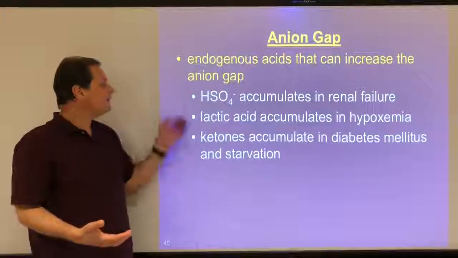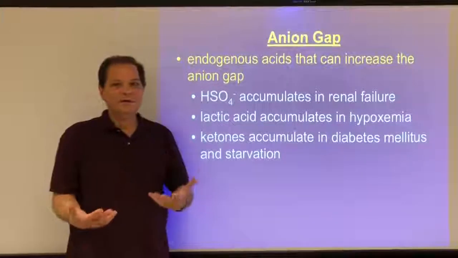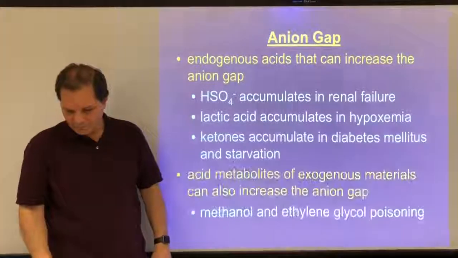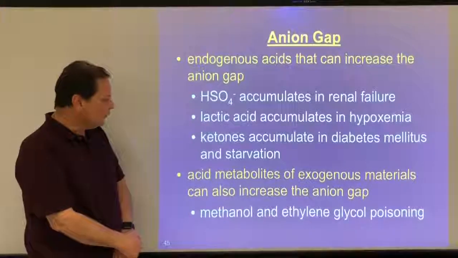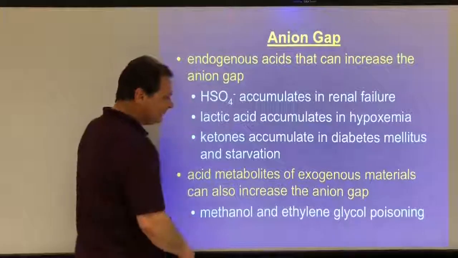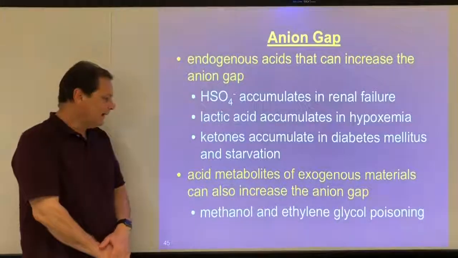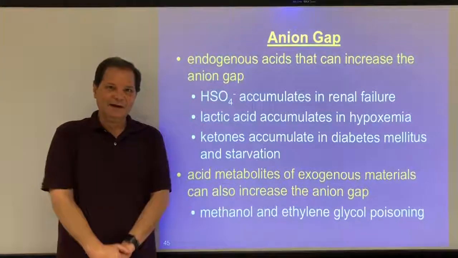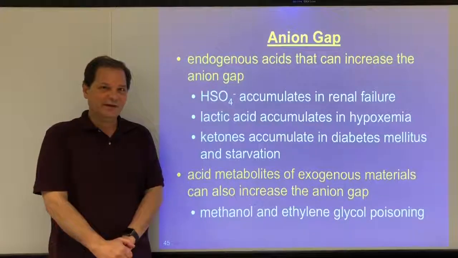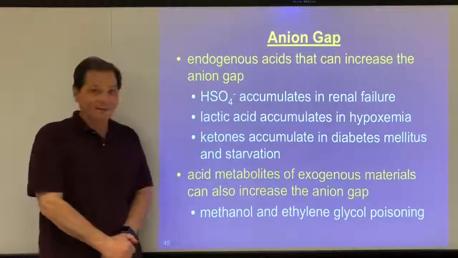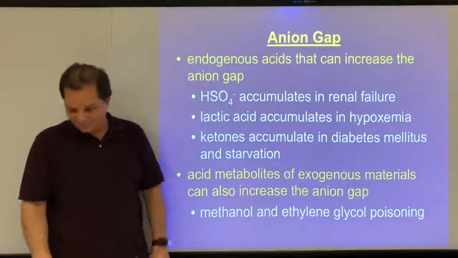These are the typical kinds of things that will increase the anion gap. And it could also be acid metabolites of some poisons like methanol and ethylene glycol, and these can increase the anion gap as well. They're indications that you have a metabolic acidosis due to something.